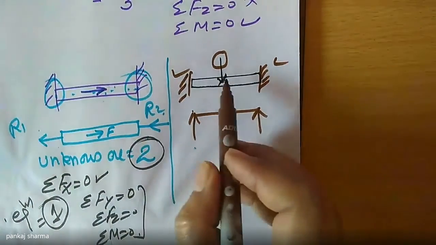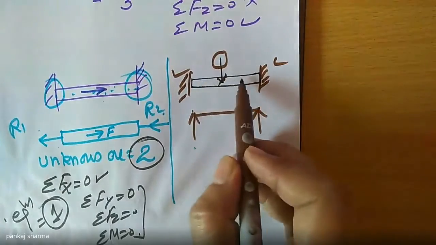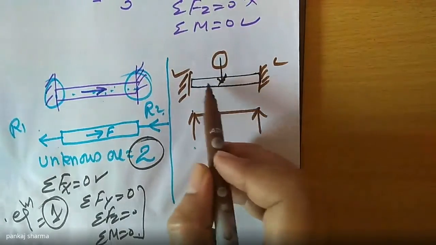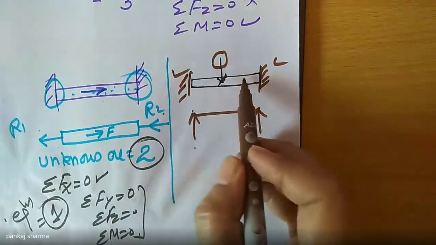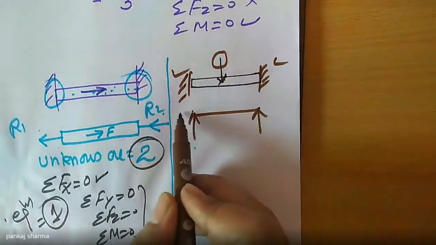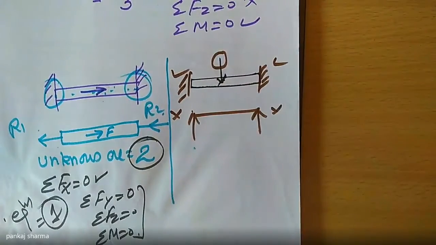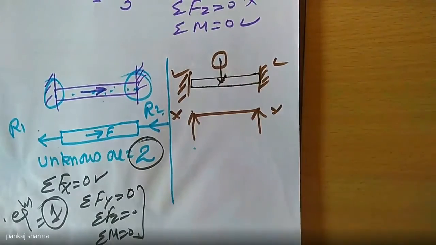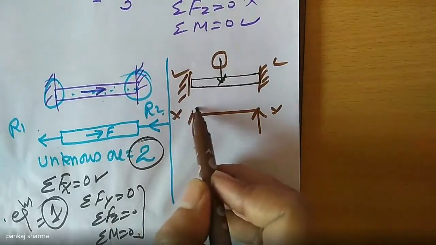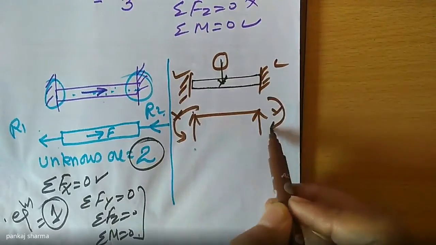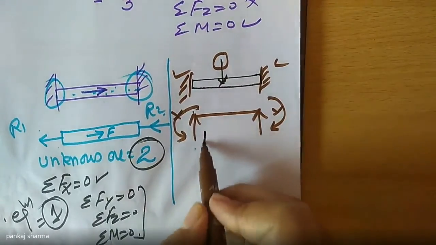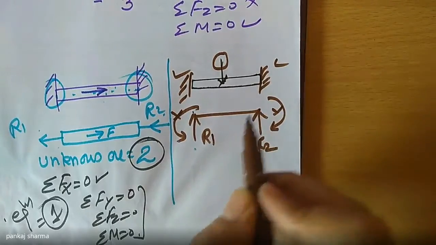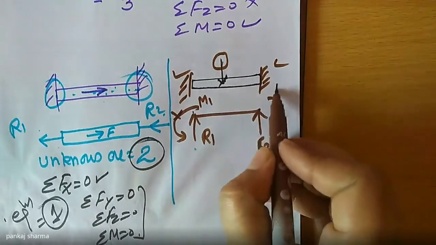No, because there is no horizontal force acting. So the horizontal reaction must be 0. Is this force responsible for rotating this beam? Yes, it is responsible. So the moment reaction must be there at both sides. So R1, R2, M1, M2.